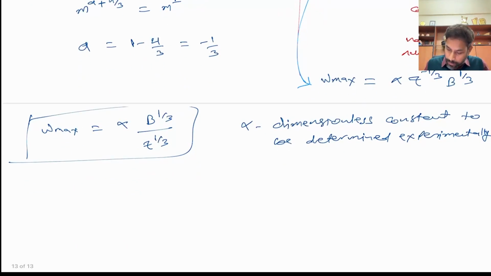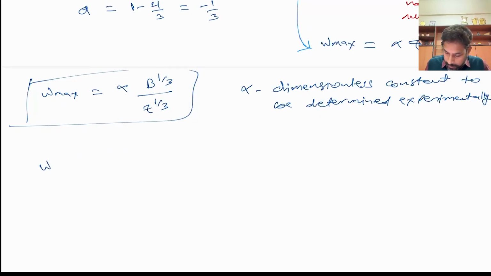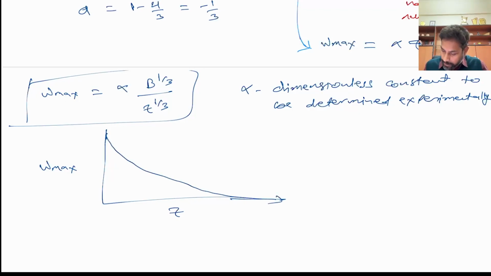And now if you want to plot W max with Z, it will look something like this, right? So Z is the elevation and W max is, this is the source value, right?